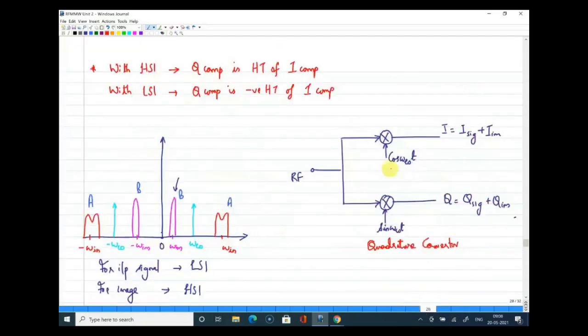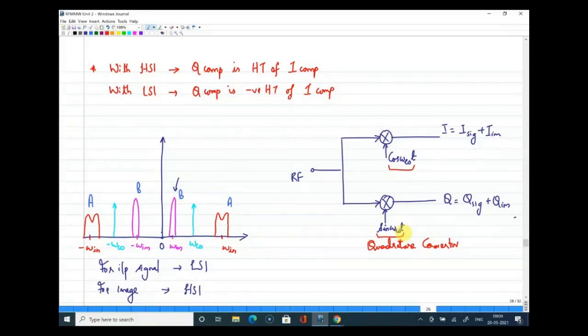Everything depends on the LO signals, cos omega LO t and sin omega LO t. The cancellation of image is also influenced by the exact 90-degree phase shift between the cos omega LO t signal and the sin omega LO t signal, right? So if there is any change in the amplitude or even in the phase of the LO signal, that can result in imperfect cancellation of the image, right?